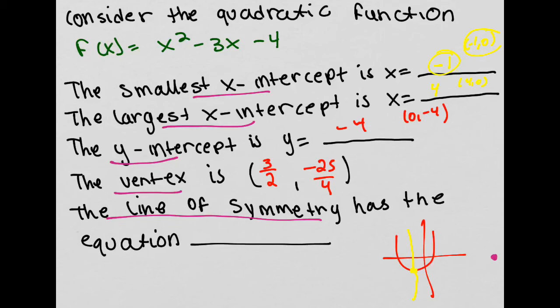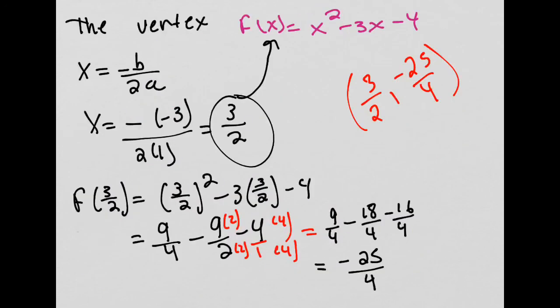So the line of symmetry is the x value of the vertex. Okay, in this case it's 3 over 2. And it wants us to write an equation. So that's x equals 3 over 2. That's very important. Those were your answers for this example.